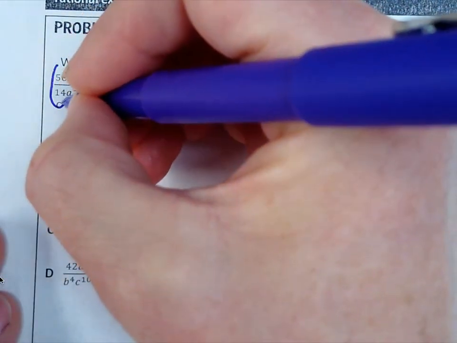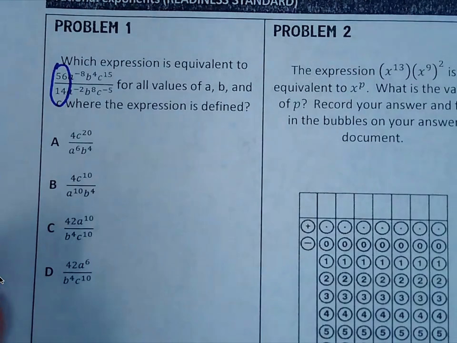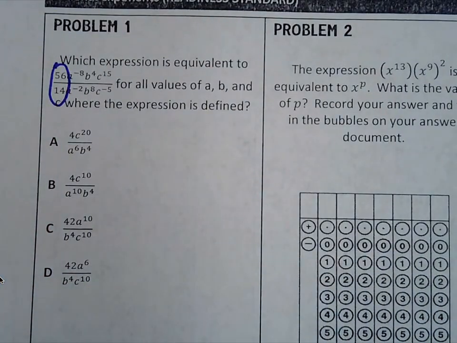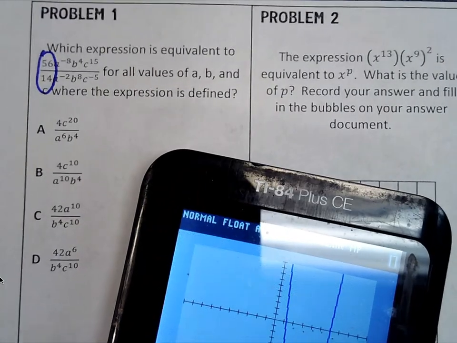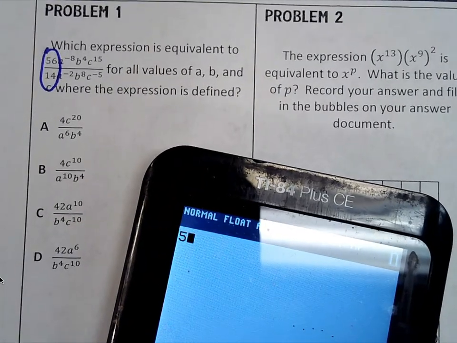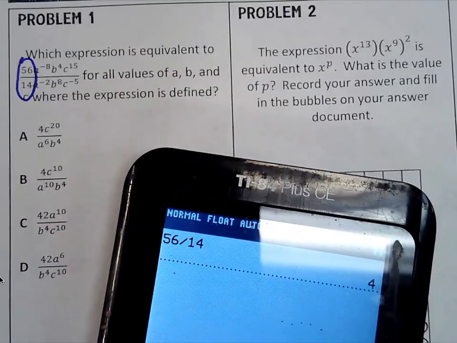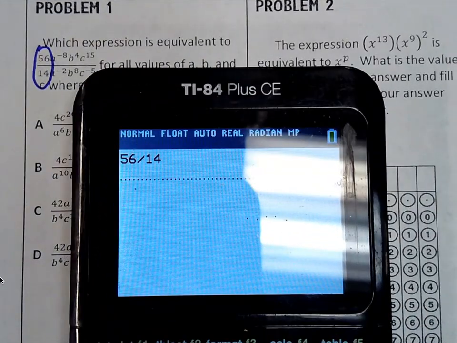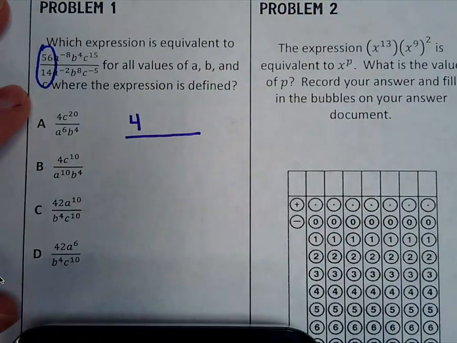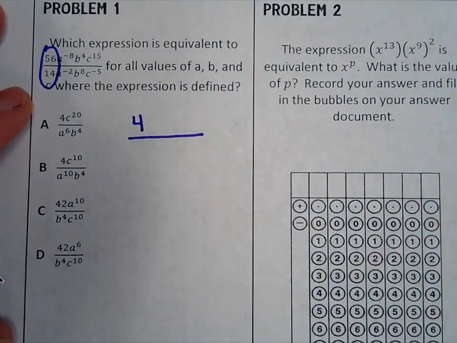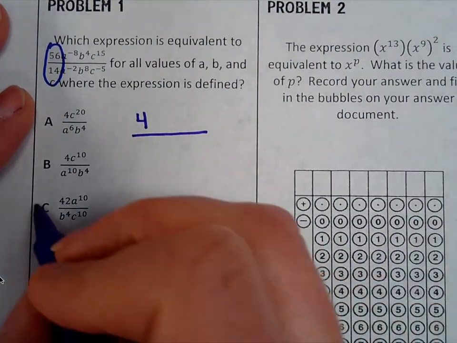So 56 divided by 14. When you have a number over a number, you just divide them. 56 divided by 14 is 4. 4 goes on top. Look at your answer choices. Which ones are not the right answer? C and D.